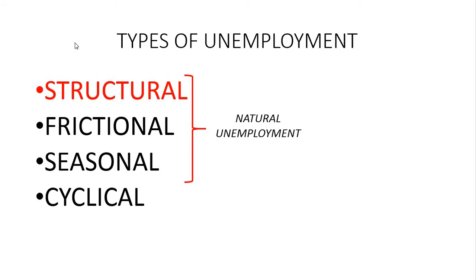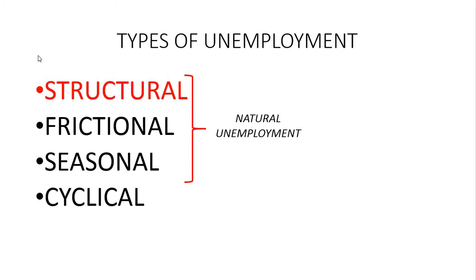And second, government can provide education and training for workers in order to ensure that skills of the labor force and skills required on the labor market are indeed matched. So frictional unemployment arises from the fact that sometimes people change their occupation.